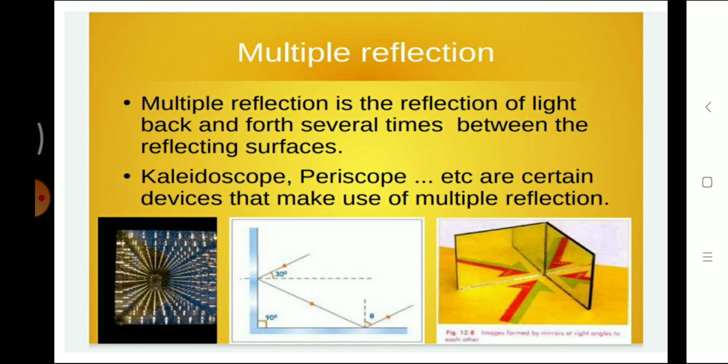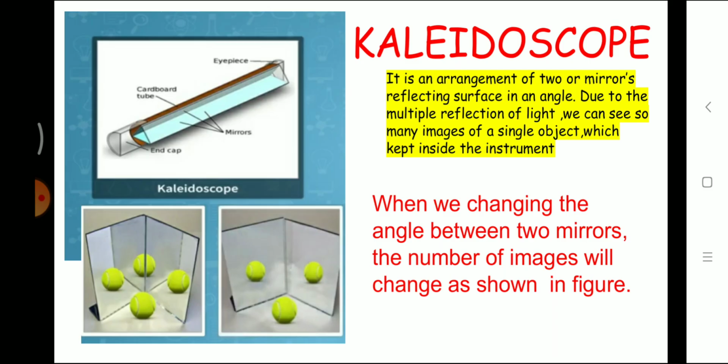Many devices work on the principle of multiple reflection. Kaleidoscope and periscope are certain devices that make use of multiple reflection. Then what is a kaleidoscope? You can see the picture of a kaleidoscope here.